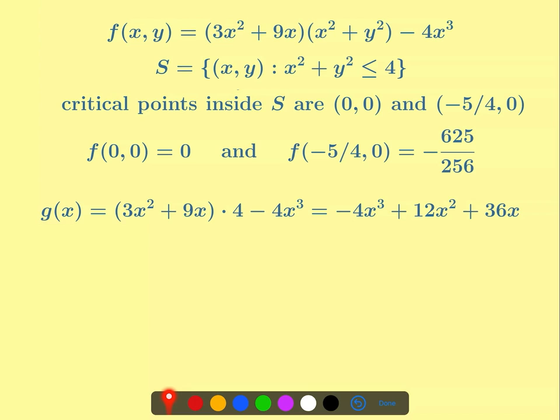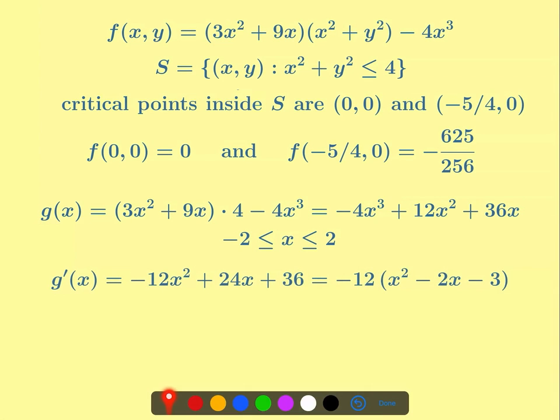The other thing we want to keep in mind is that because we're in this circle, x is between minus 2 and 2. Now we have a single variable problem of computing the maximum and minimum of g of x, a function of one variable, where x is between minus 2 and 2.